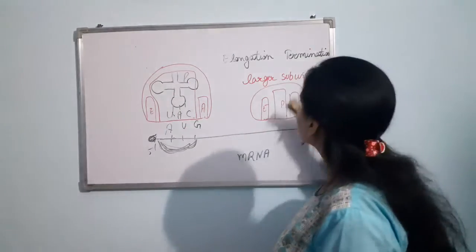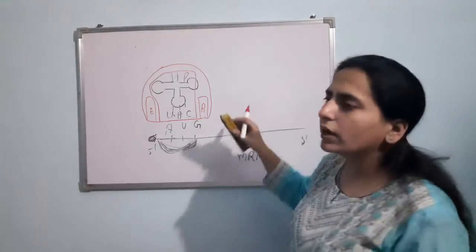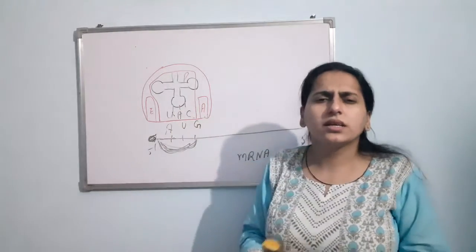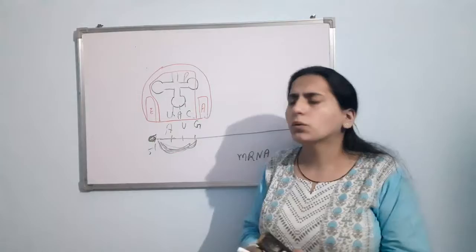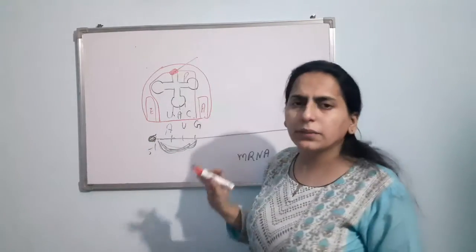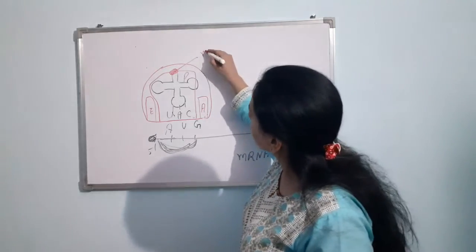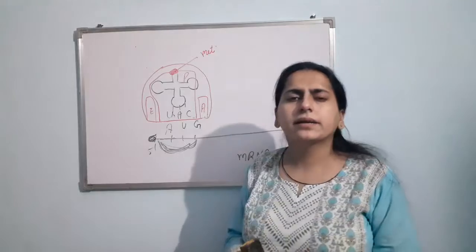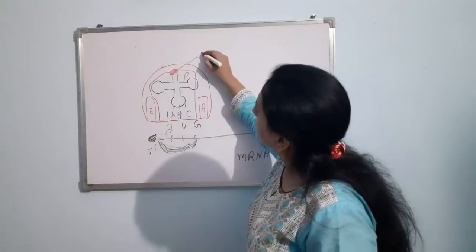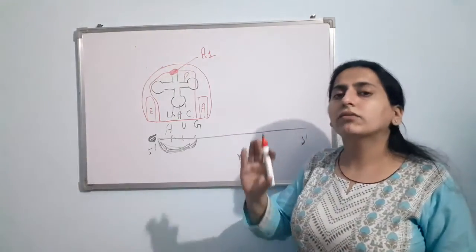So now this is initiation. Now what happens in the elongation? As you know, this is the charged tRNA, so obviously it is having the amino acid at this arm. For AUG, it will be having methionine. Or let me write it as first amino acid, that would be easier. Is that fine? Now what will happen?